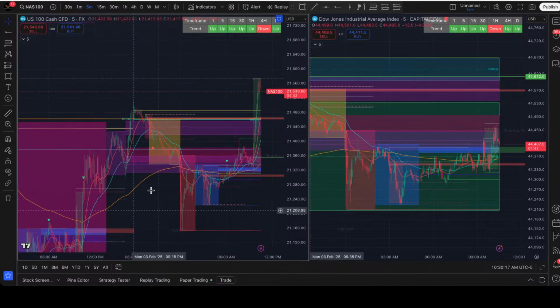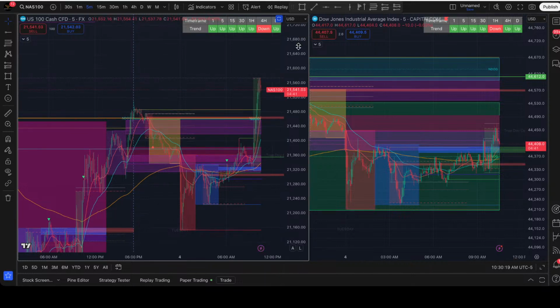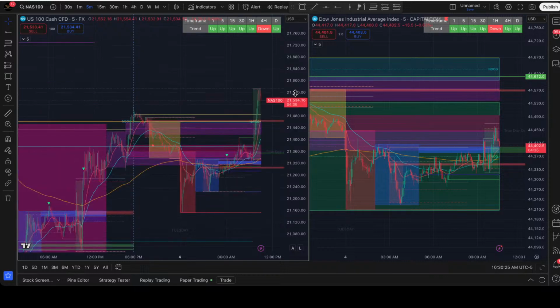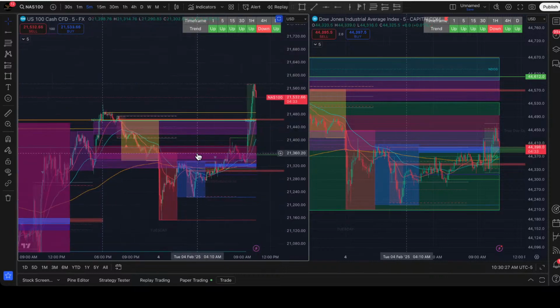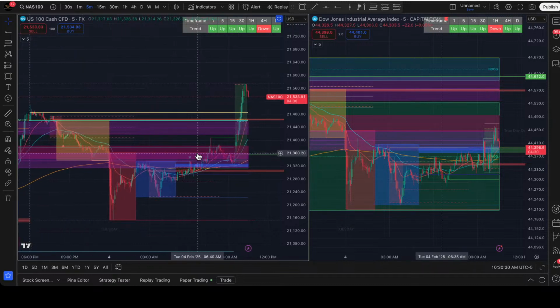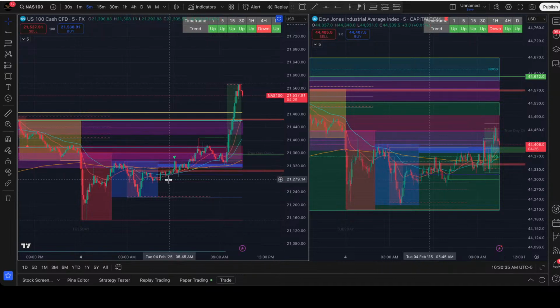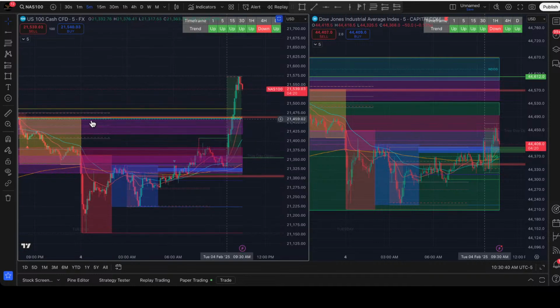And over here on NAS, just trying to find it, I think it's under us. That's right there at the aqua line.